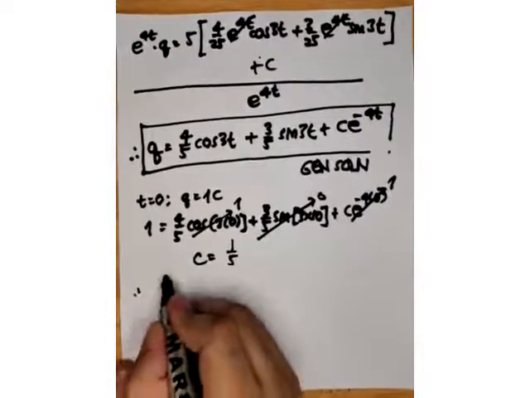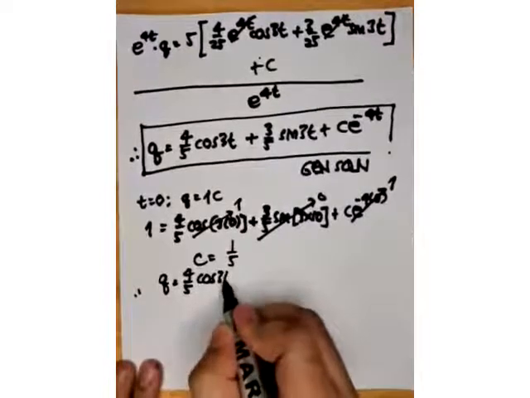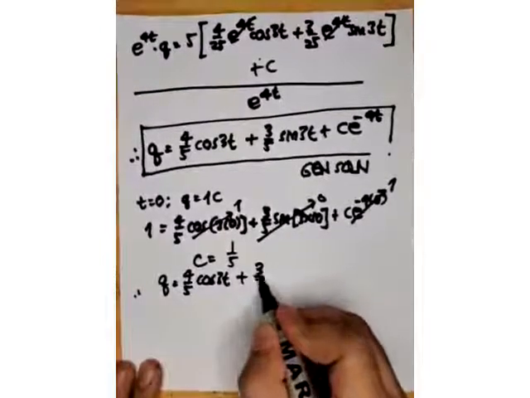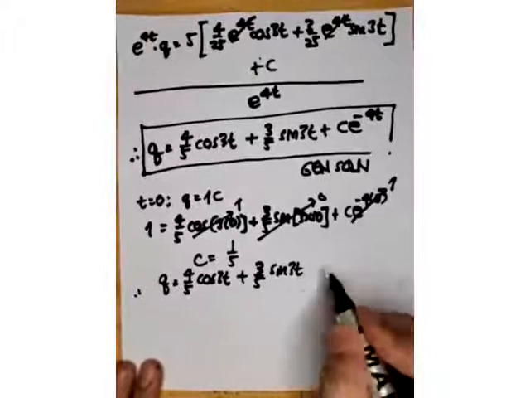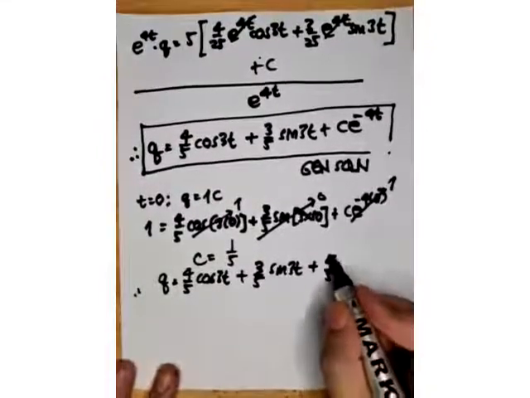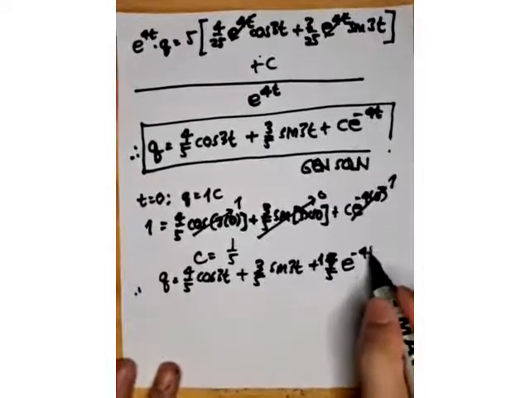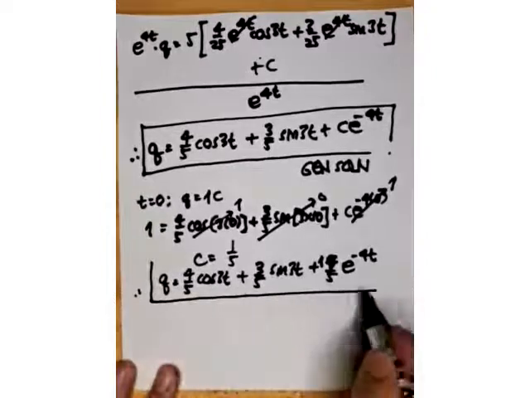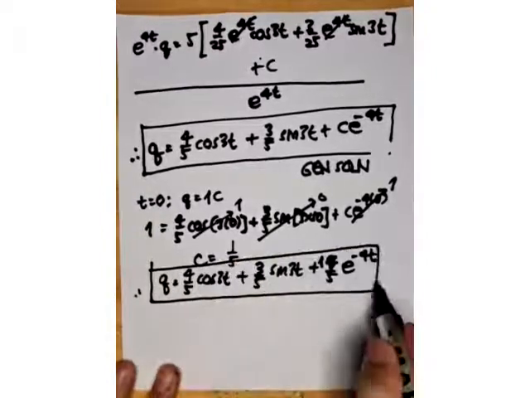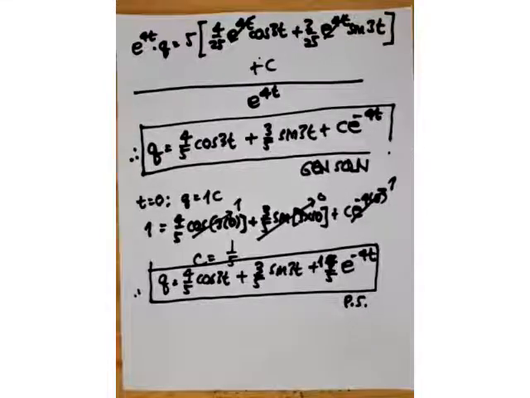So Q is equal to 4 over 5 cosine 3t plus 3 over 5 sine 3t plus 1/5 e raised to negative 4t. This is our particular solution.